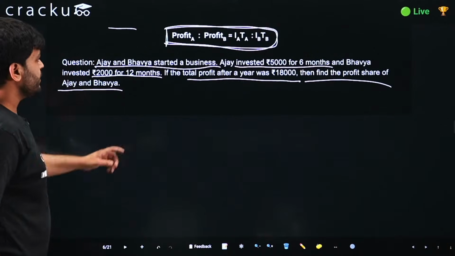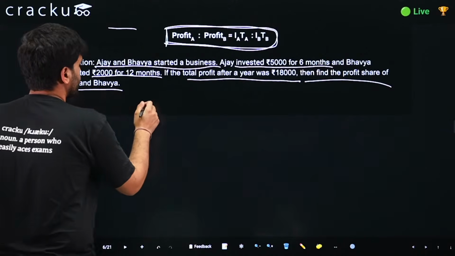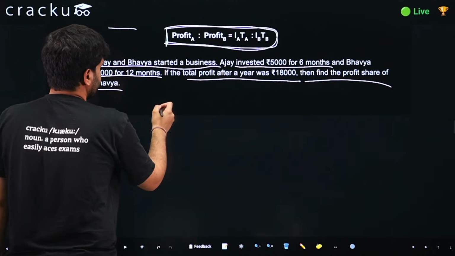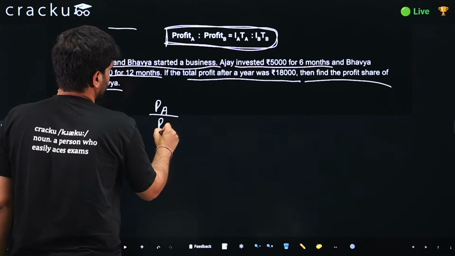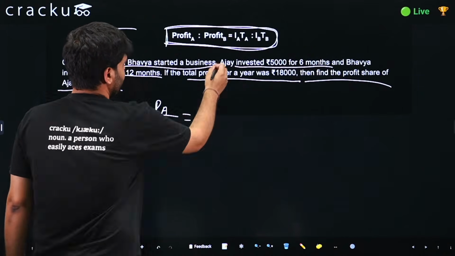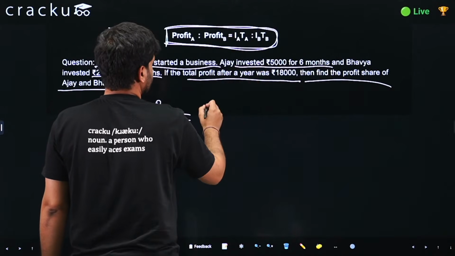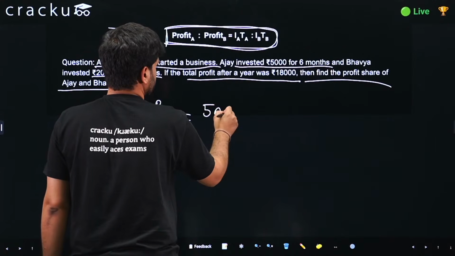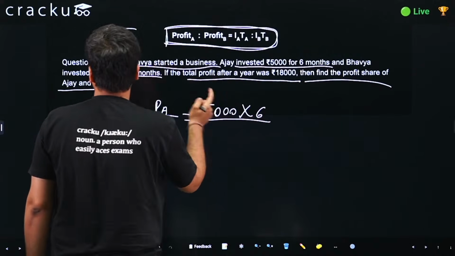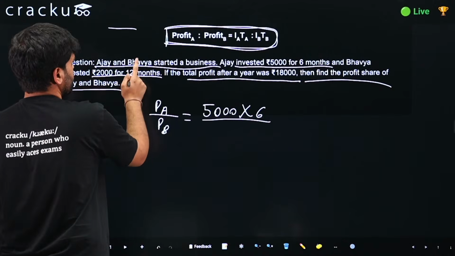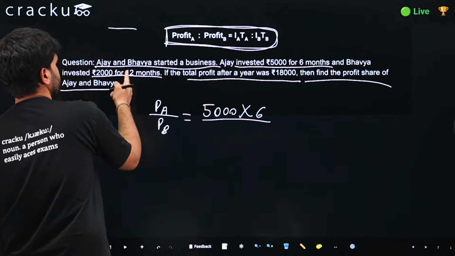Now we will use this formula, that profit of A, let us write it as PA, is to profit of B. This is IA into TA. So for Ajay, investment is 5,000. Time is 6 months. For Bhavya, we are denoting profit of Bhavya by PB. It would be 2000 into 12.